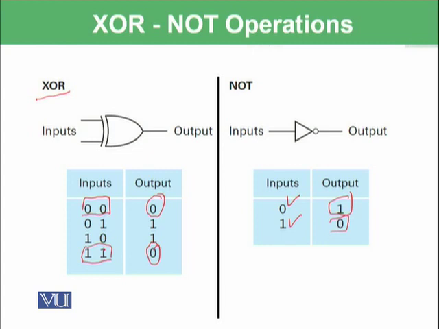And exclusive OR produces an output of 1 when the inputs are opposite, so either one is 0 or the other is 0. You can also say that exclusive OR is used in situations when you need an output of 1 when either of the inputs is 1, but not both of the inputs are 1.